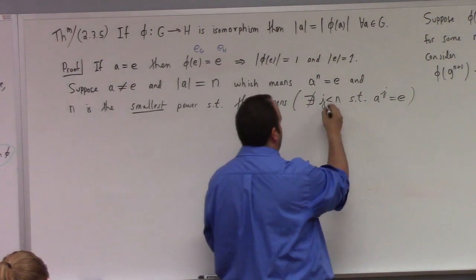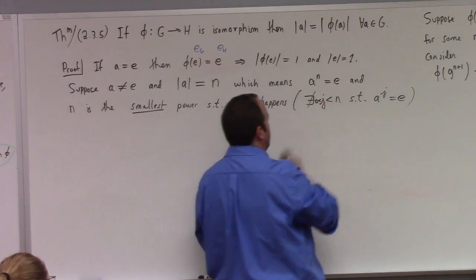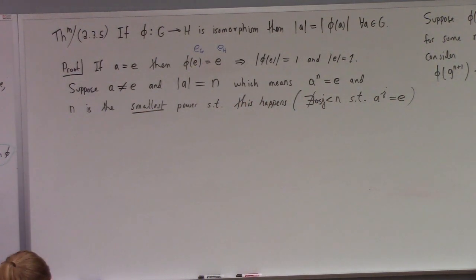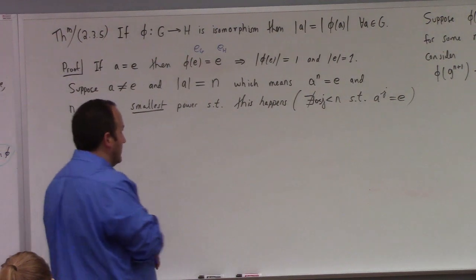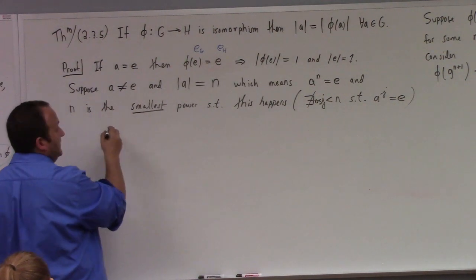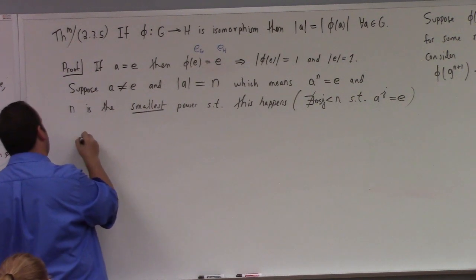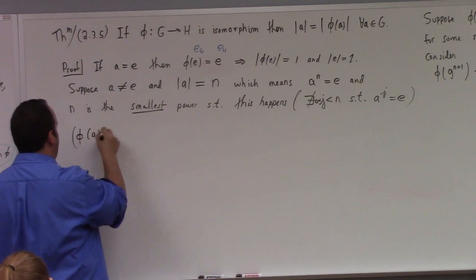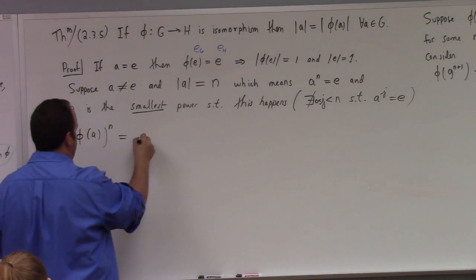I should clarify, of course, 0 less than j. A to the minus n will give you E. All right. So check it out. Notice that phi of A to the n is equal to what?